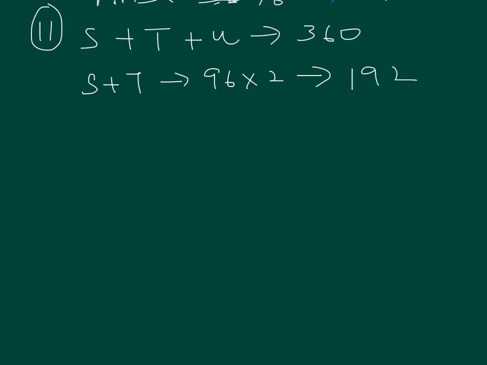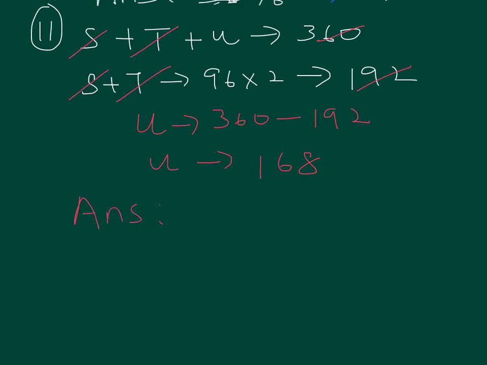What is the value of U? So from here we can cancel S, we can cancel T. The value of U is 360 minus away 192. The value of U is actually 168. So for question 11, what is the value of U? 168.